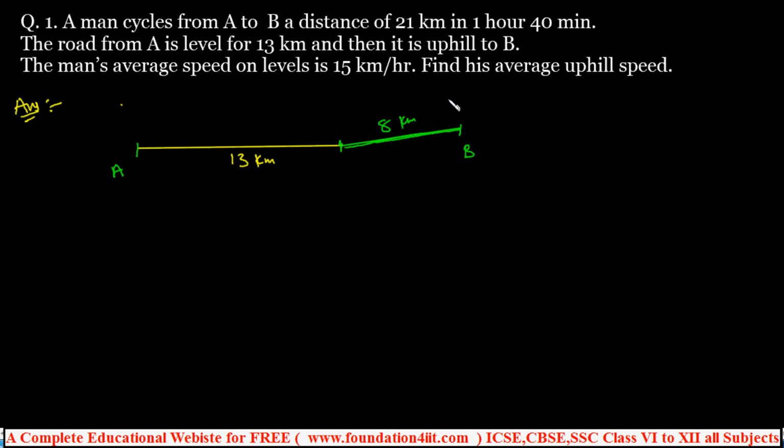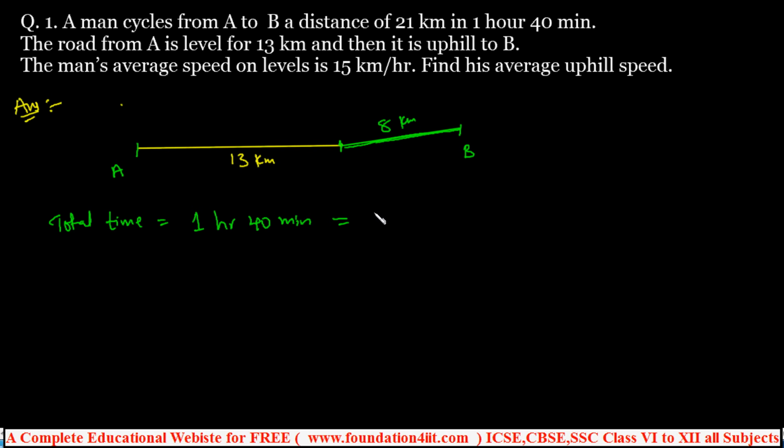So distance is 21 kilometers, A to B. The total time taken from here to here is 1 hour 40 minutes. You should convert this 1 hour 40 minutes into hours only.